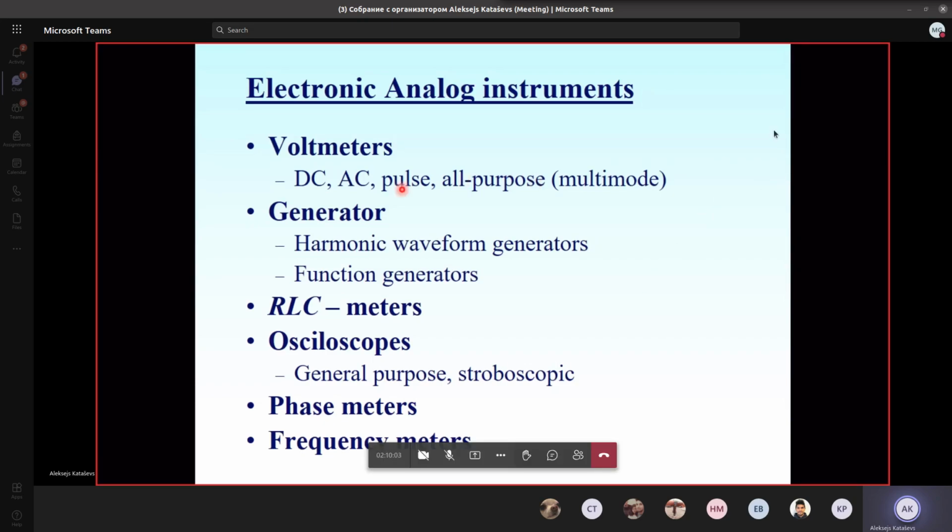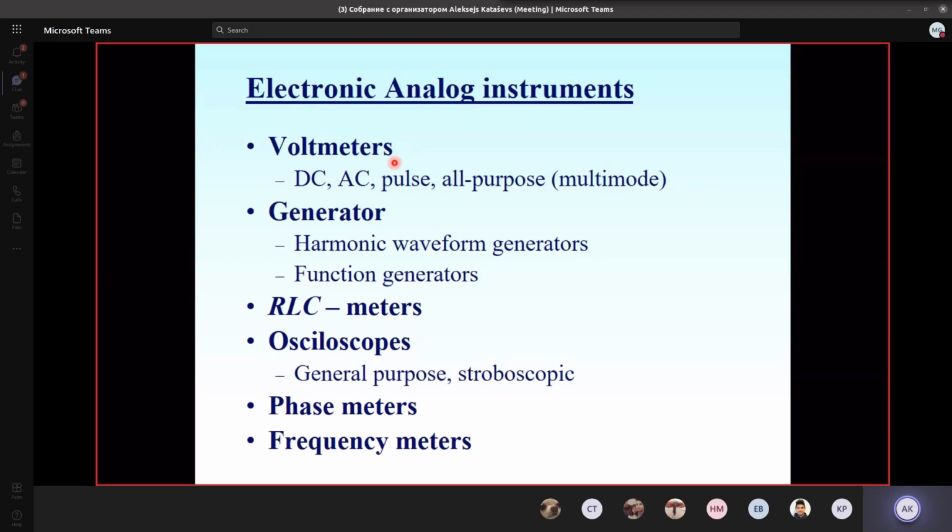thought to measure the amplitude of the pulses, and there is a multi-mode voltmeter that may be switched between different kinds of modes. For the electronic voltmeters, we actually discussed a little bit the design, and there is some special type of measurement amplifiers used in the voltmeters.